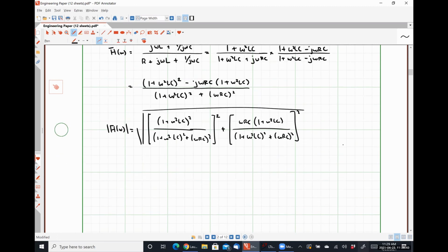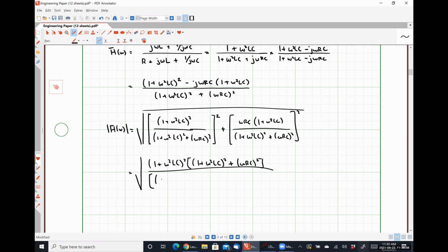And this is going to give us, we have a common factor of 1 minus omega squared LC quantity squared. Then we're going to have that multiplied by 1 minus omega squared LC squared plus omega RC squared.